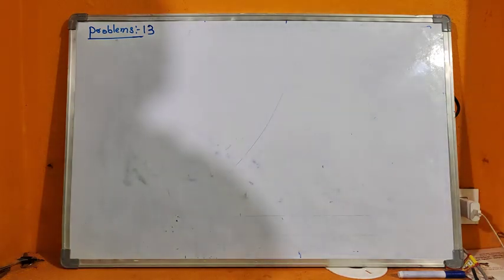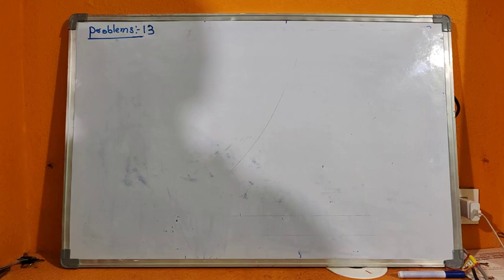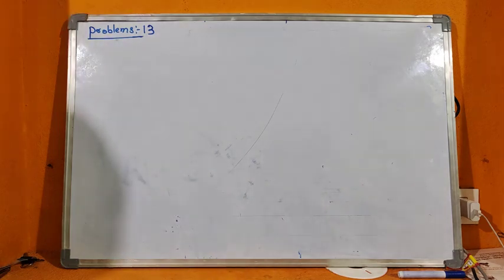So here, when the length is increased by 0.6 meters, its time period is increased by 50%. Then what is the initial length and what is the initial time period of the pendulum?